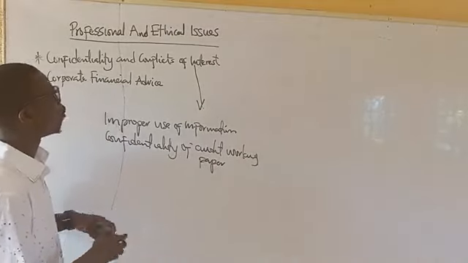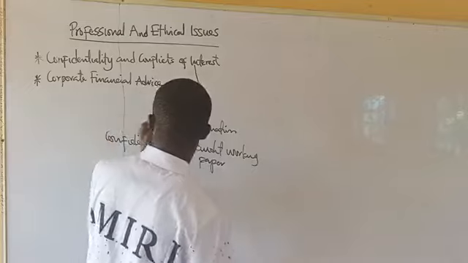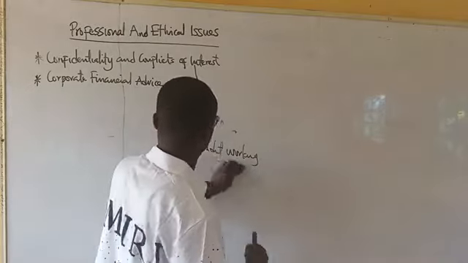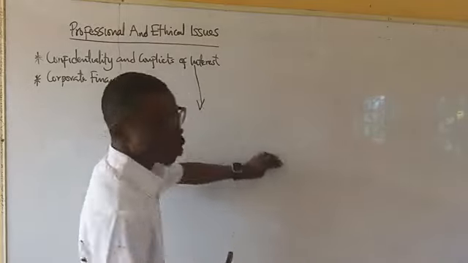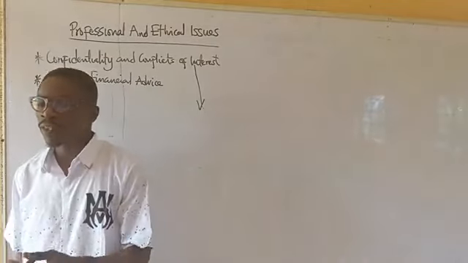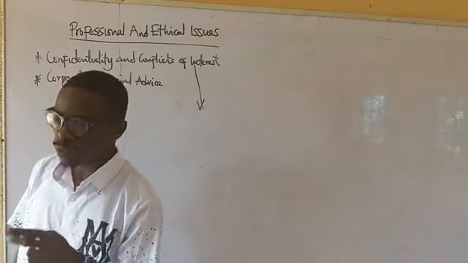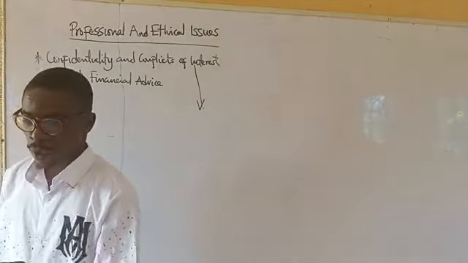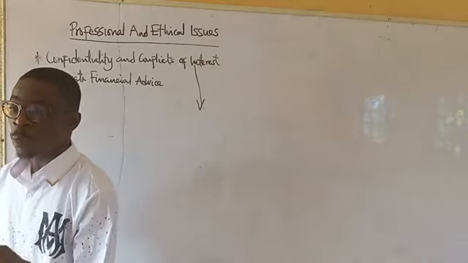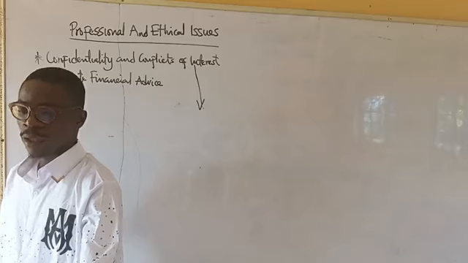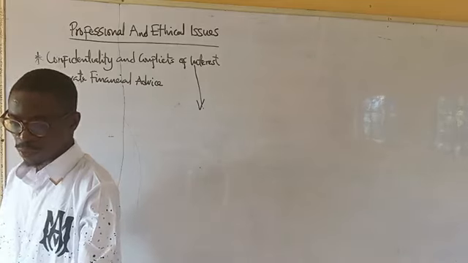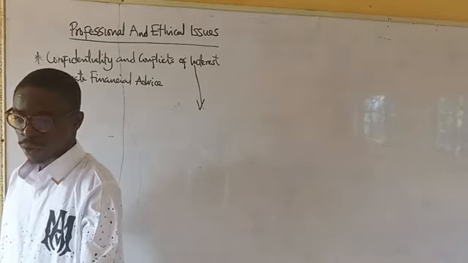Now let's go to conflict of interest. Conflict of interest can occur between a member of an audit and the client, and can occur between competing clients. So I will give an example and a scenario on that.